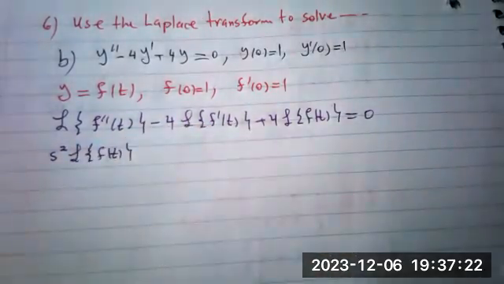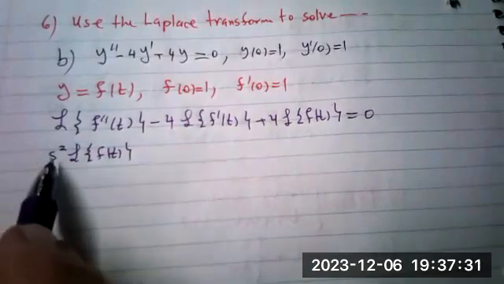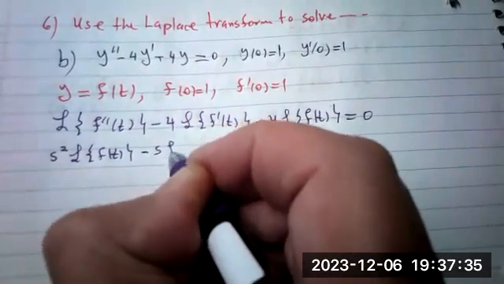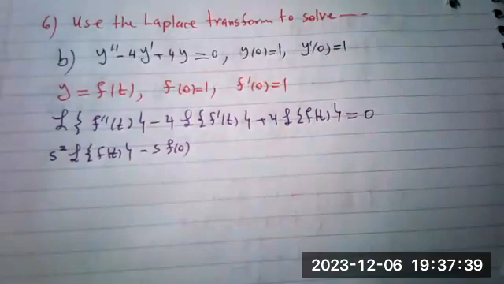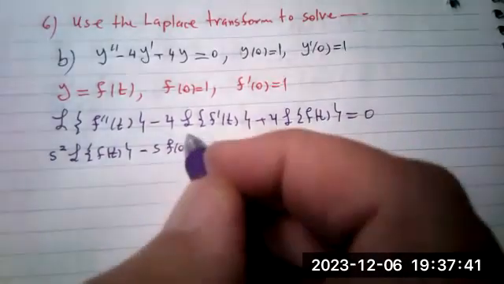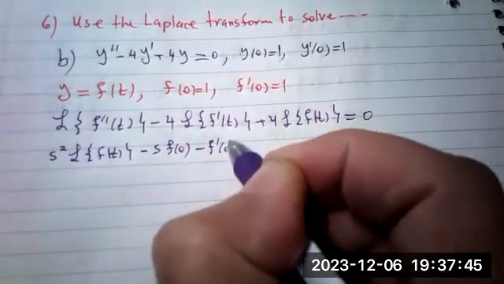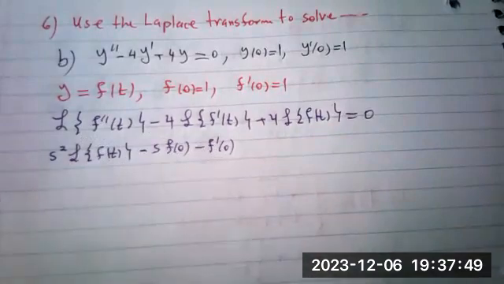Then we reduce the power of s, multiplying by f of 0, f prime of 0 as needed. So you lower the power, you get minus s f of 0. You lower the power again, you get a constant, and this is going to be minus f prime of 0. If you start with f double prime, you must end with f prime.